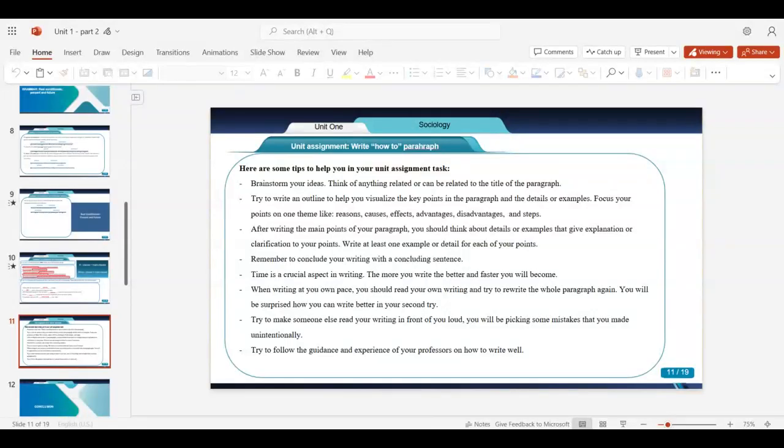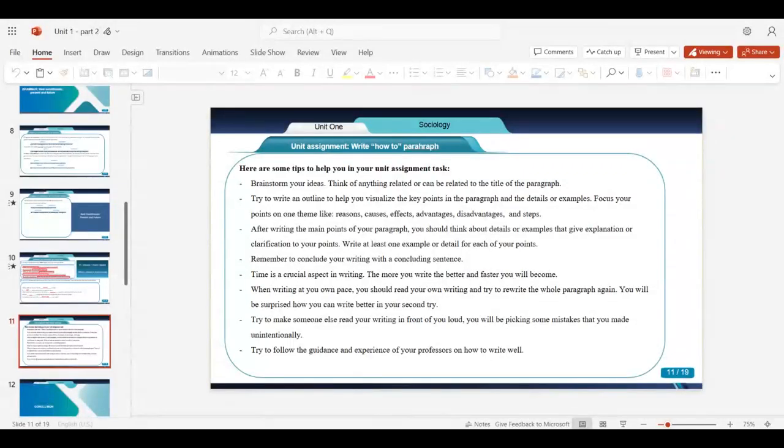Then we think about all the ideas related to the paragraph. And then the second point, try to write an outline to help you visualize the key points in the paragraph and the details. Focus your points on one theme, like reason, cause, effects, advantage, disadvantage, and steps.